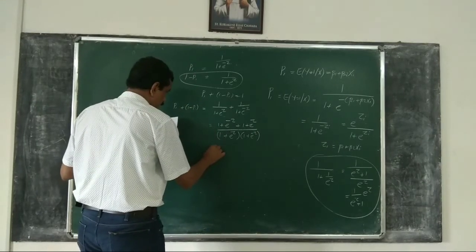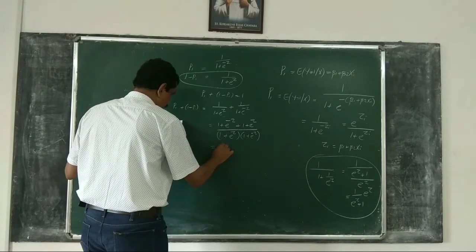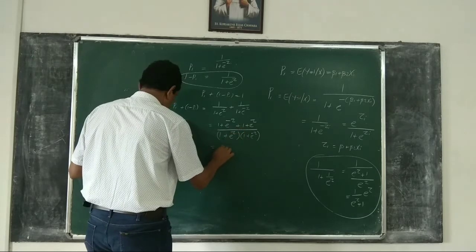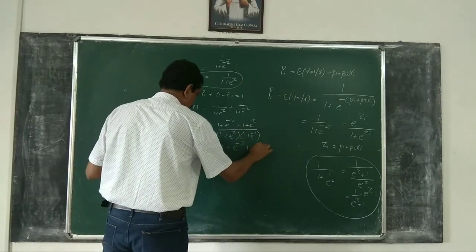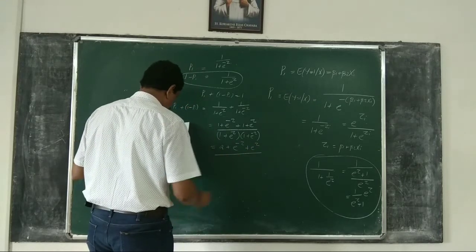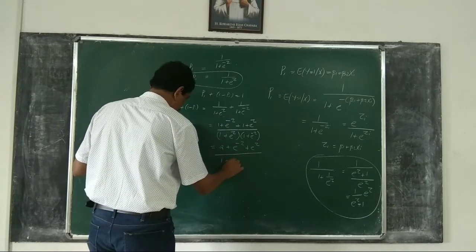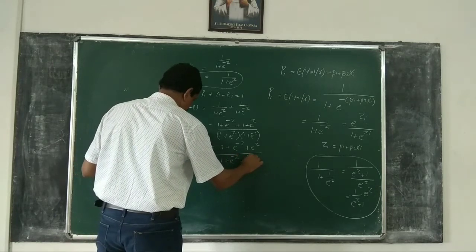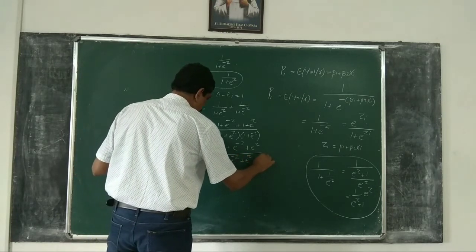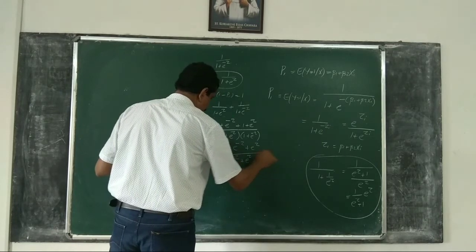This is equal to 1 plus 1, 2, plus e raised to minus z plus e raised to z, divided by 1 plus e raised to minus z plus e raised to z plus e raised to z into e raised to minus z.